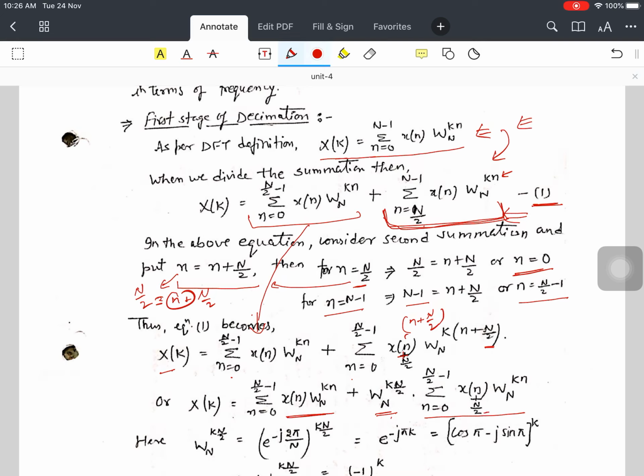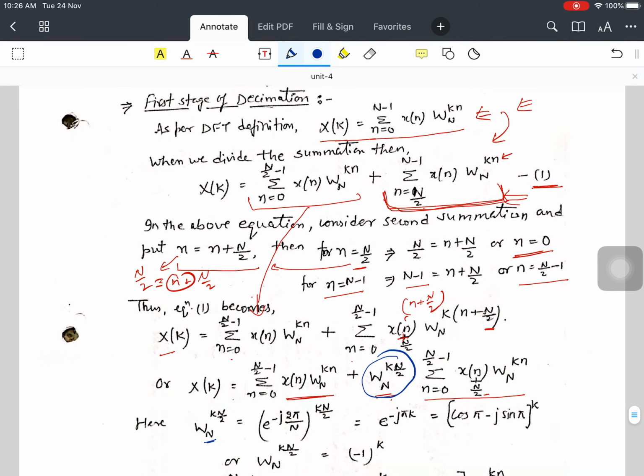Now, we know this factor W_N^(kN/2) is equivalent to e to the power minus j 2 pi kN/2 divided by N. So, this is the twiddle factor, and that is equivalent to e to the power minus j pi k. When you solve this, we get (cos pi minus j sin pi) to the power k, and it is nothing else but minus 1 to the power k.